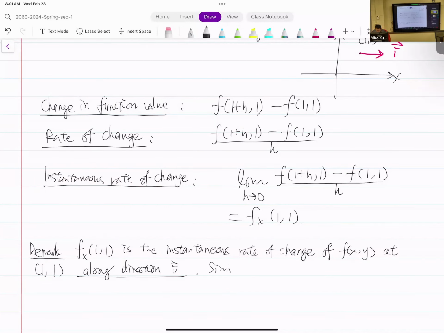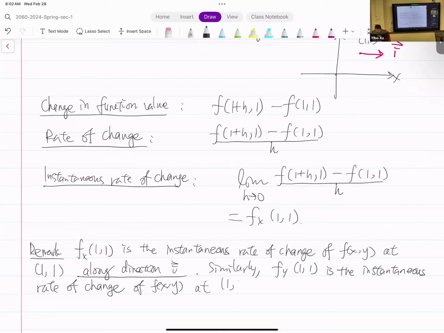And similarly, if you just switch to f sub y, that's going to be the instantaneous rate of change of the same function at the same point, that is along direction j.